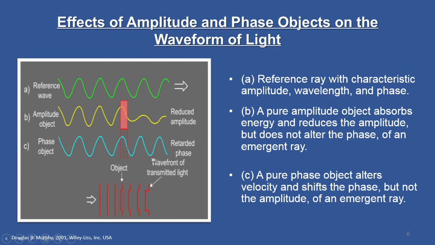The amplitude does not change, but the phase is changed. What is the change? It has been retarded to some value. We will see what the phase retardation is and what its value is.